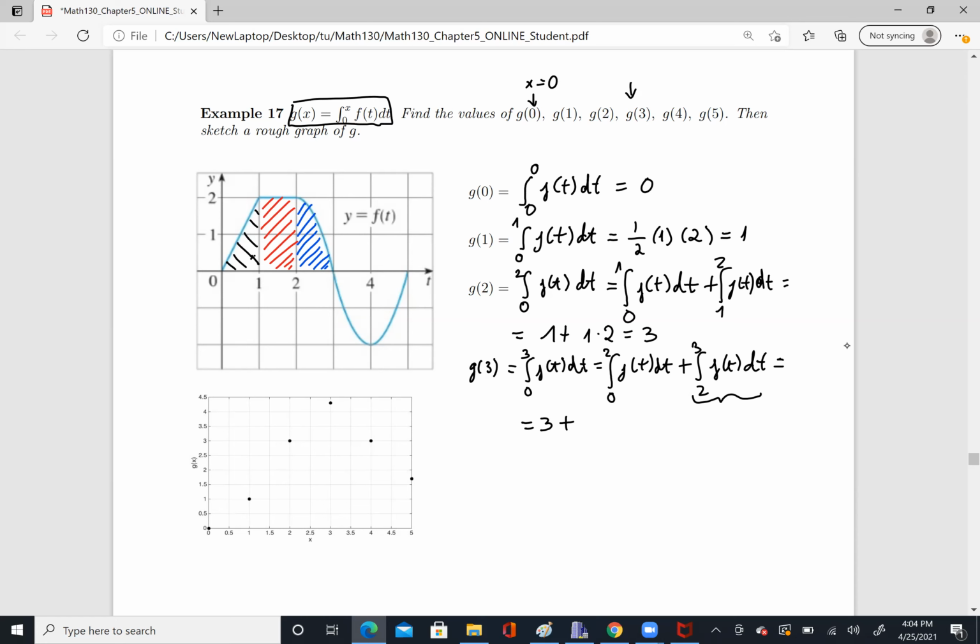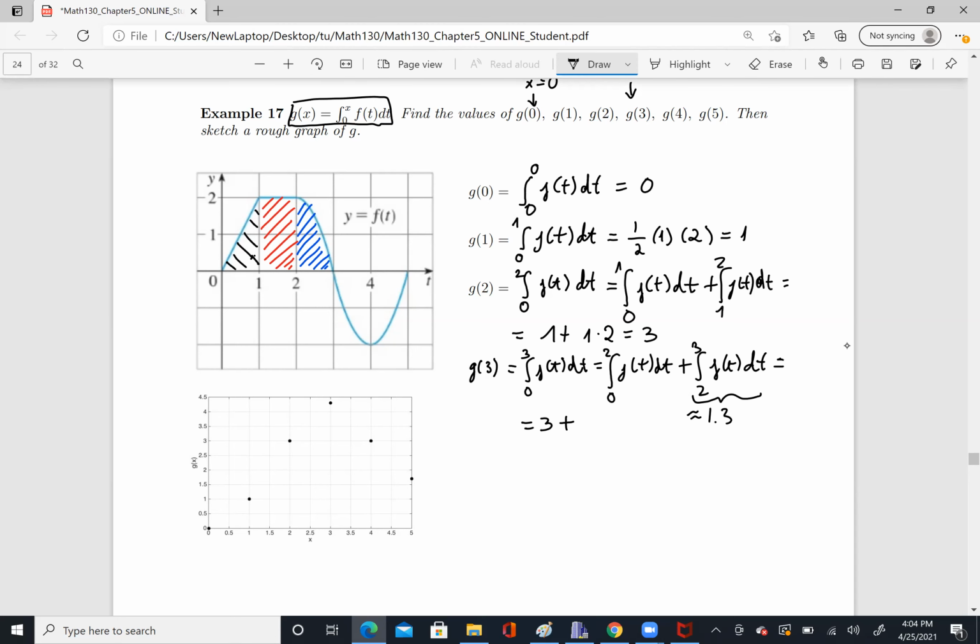The area from 2 to 3 is greater than the area of the triangle from 0 to 1, so I would say it is approximately 1.3.